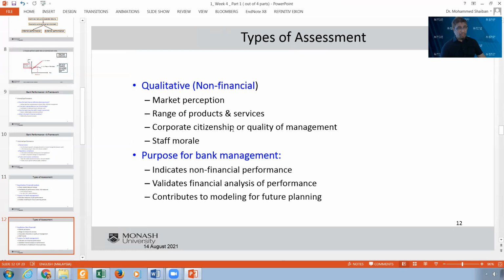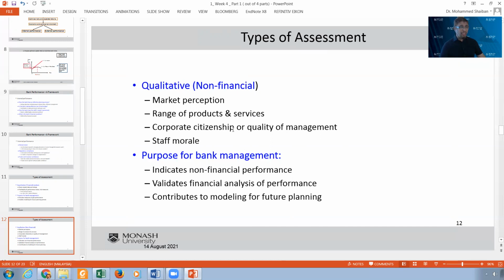When we talk about corporate citizenship, we are talking about how we are doing on the social front and the environment front, what our participation in that is, and how we design our products in a way that encourages the safety of the environment, and how we are financing, whom we are financing. Are we financing companies that are actually harming the environment? All of those issues come under the CSR, including our contribution.